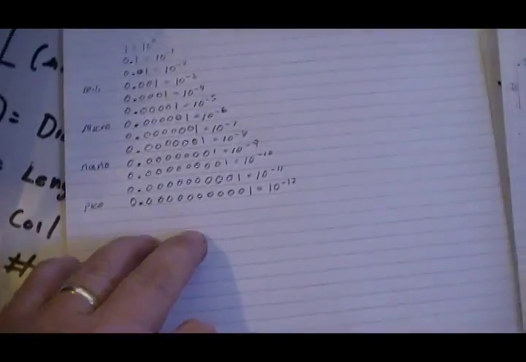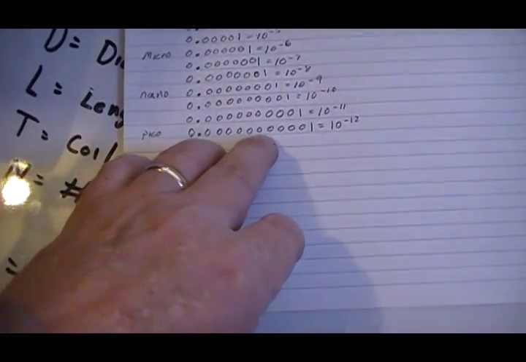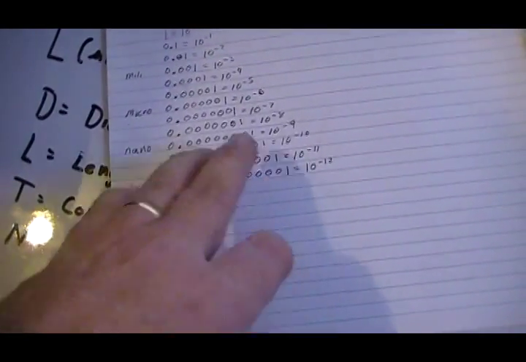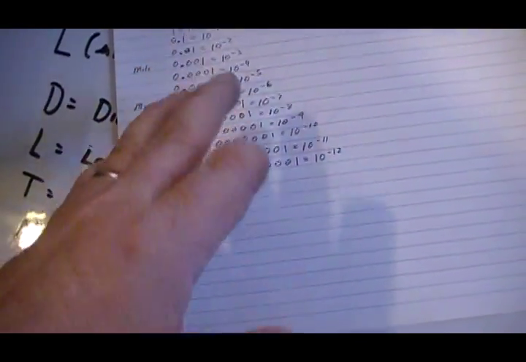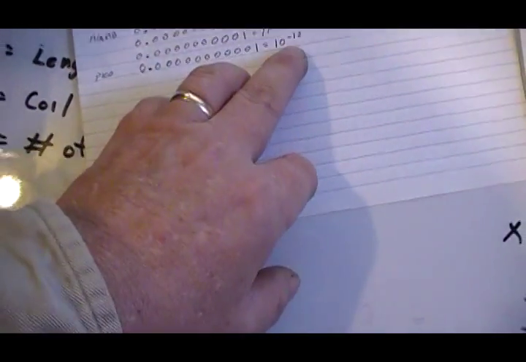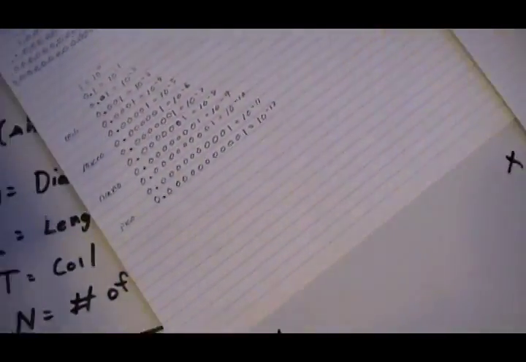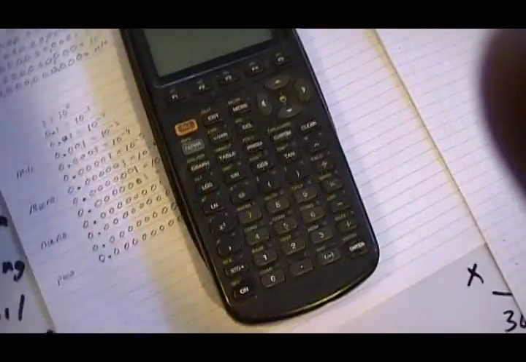Imagine trying to punch that into a calculator, 0.00000, you might get lost real quick and lose a zero one way or another. So you can use 8 picofarads, 8 times 10 to the minus 12, and punch that into the calculator. All scientific calculators will do it.